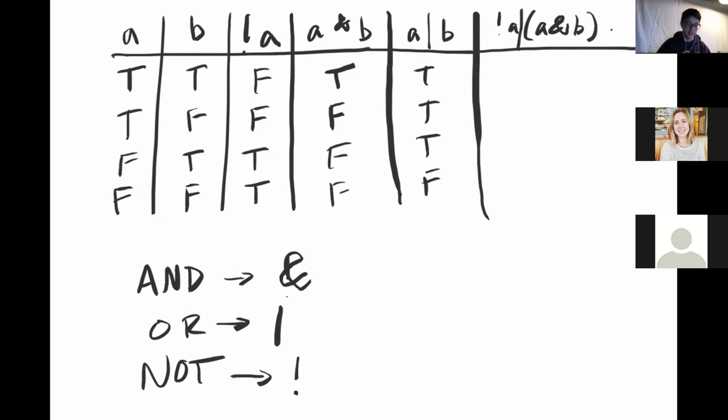Right here, you could break this part down into A and B here. Let me actually change the color. So A and B here, and the not A here. So then you would have an OR of these two conditions.